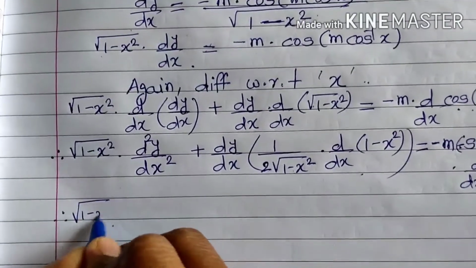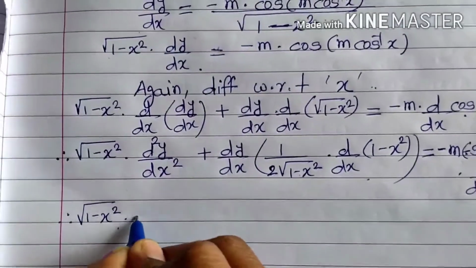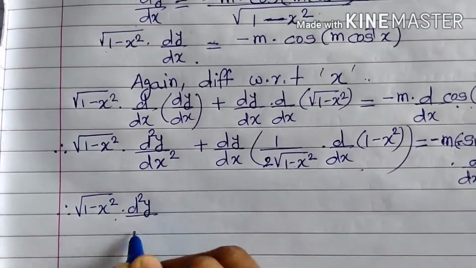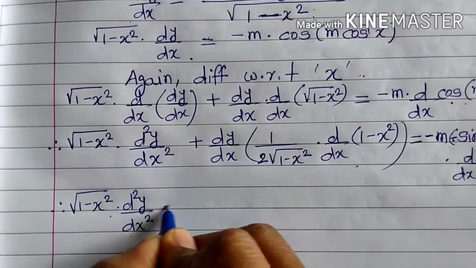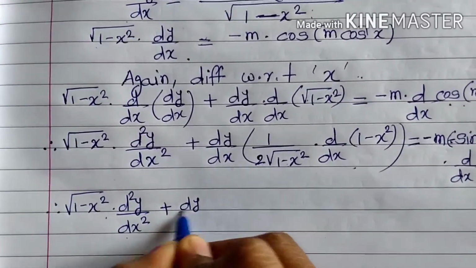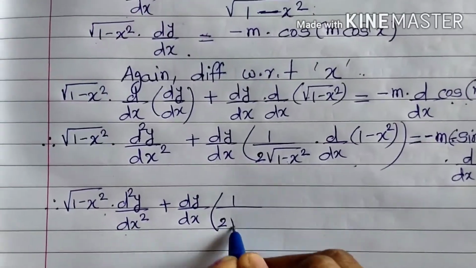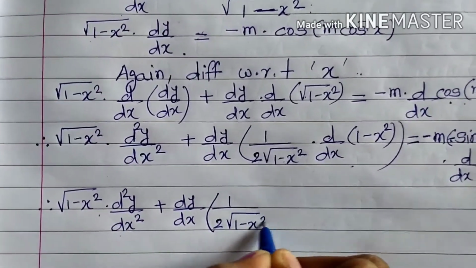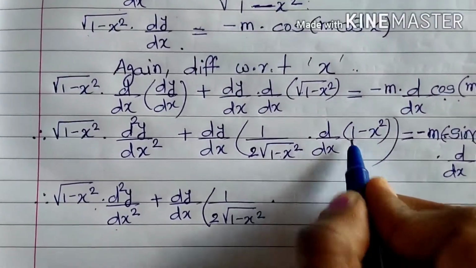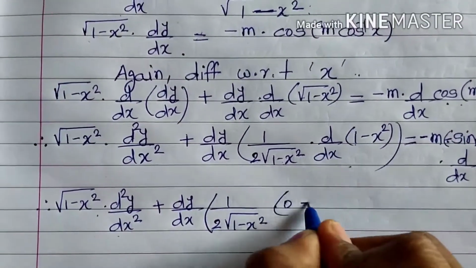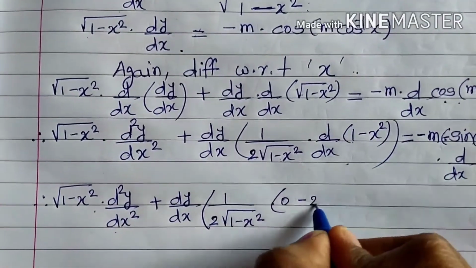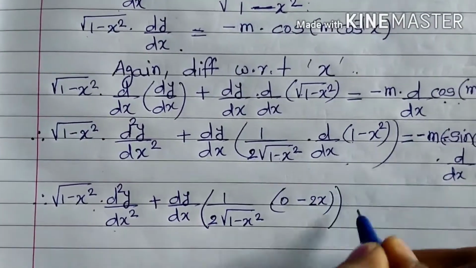Okay, so next, under root of 1 minus x square into d2y upon dx square plus dy upon dx into 1 upon 2 under root of 1 minus x square into the derivative of 1 minus x square, where the derivative of 1 is 0 and the derivative of x square is minus 2x.